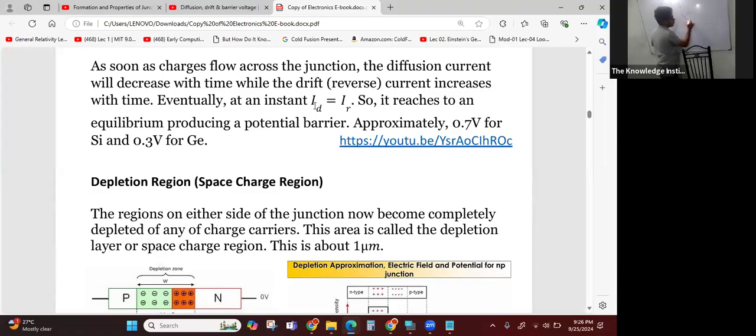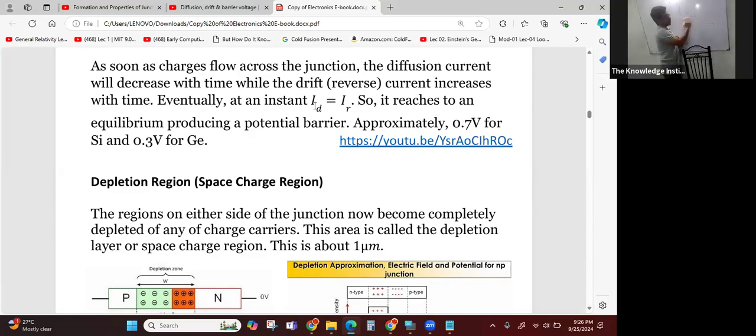And then they will come to an equilibrium, right? When these two are equal, when they come to equilibrium. At this moment, ID equals IR. I'll write in the subscript. So ID equals IR. Once they get to that value, gradually they will decrease to 0.